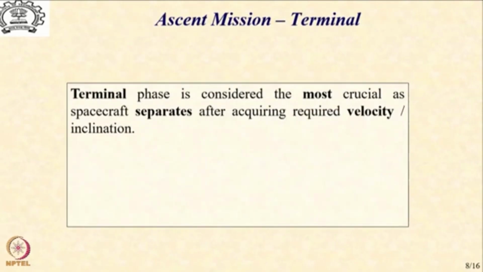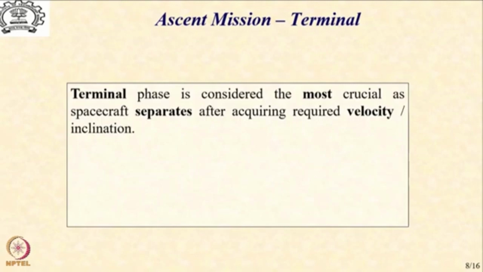Then we reach the terminal phase, which is the most crucial, as the spacecraft is going to separate from the launch vehicle. So it is a physical breakage. The connections are broken.